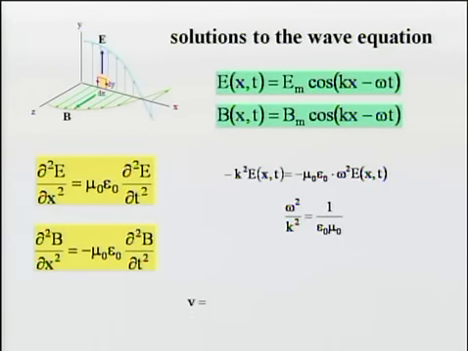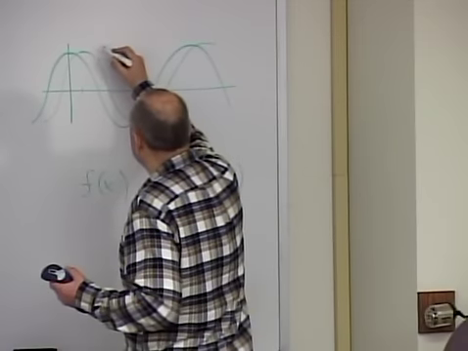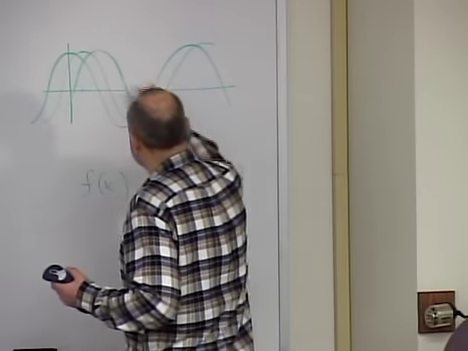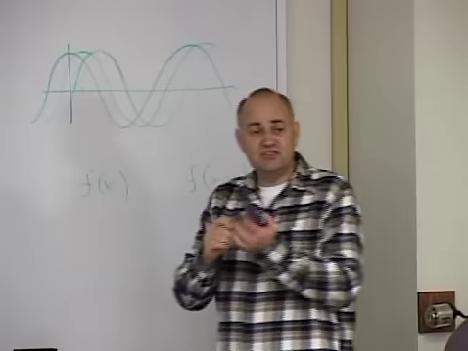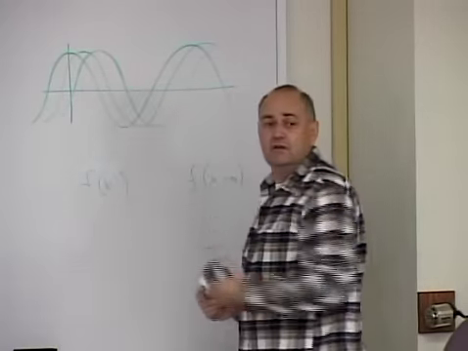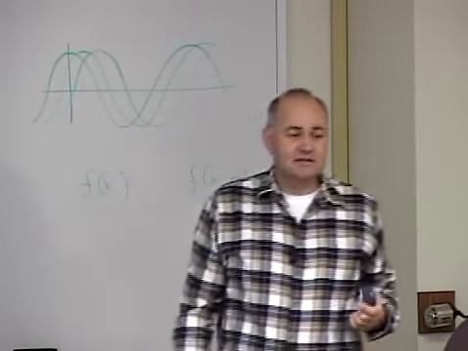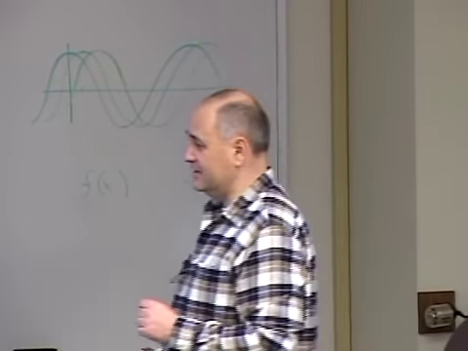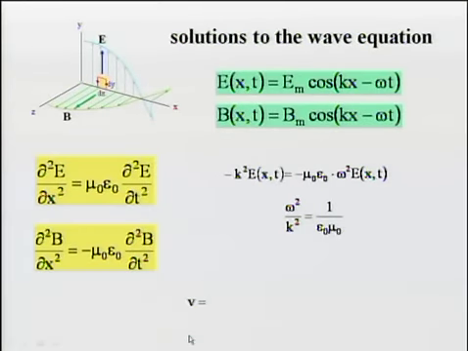What happens to the function? Well, it is shifted further. Yes, so as time passes by, this shape is moving to the right. The wave travels. And let's try to evaluate how fast it travels.